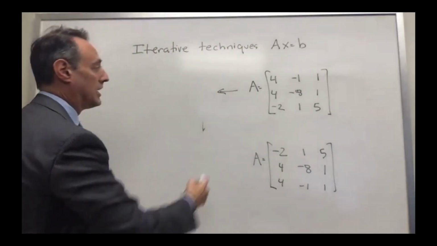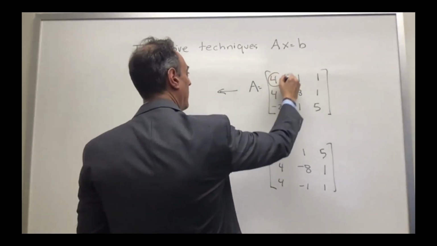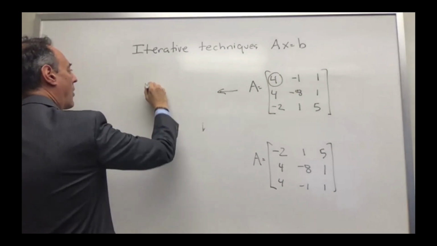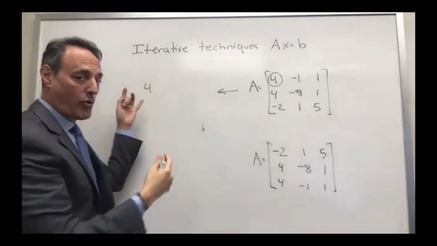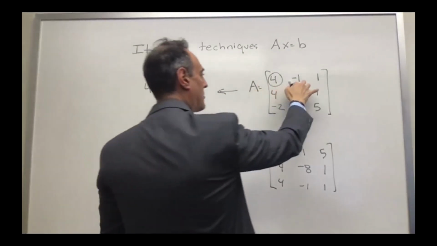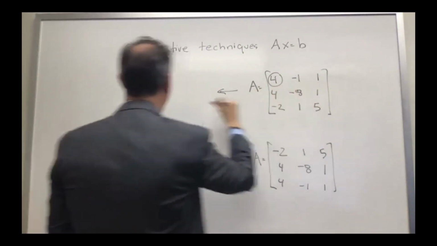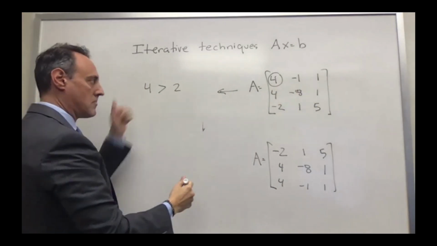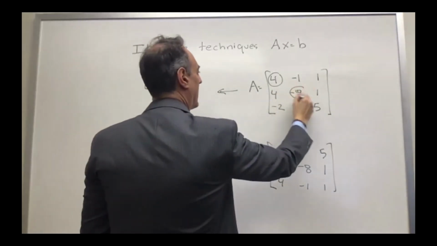So what I want to look at is the diagonal term here is 4. Is 4, the absolute value of 4, which is 4, bigger than the sum of the absolute value of the other terms, which is 2? It is. Here's the diagonal.